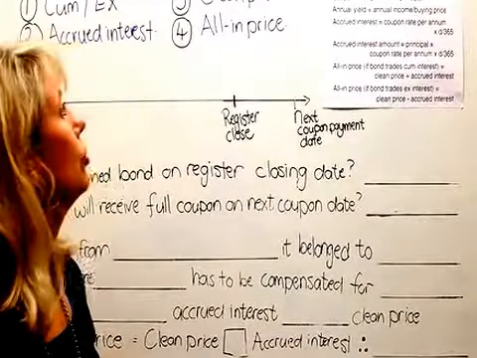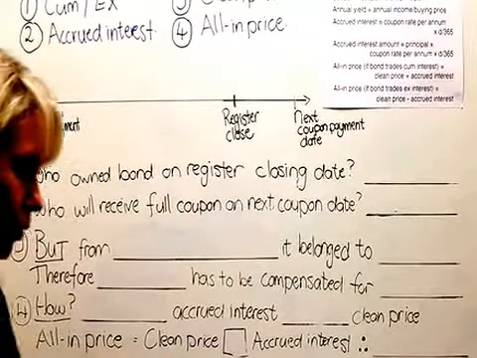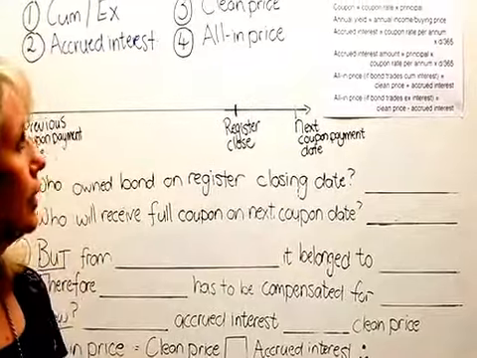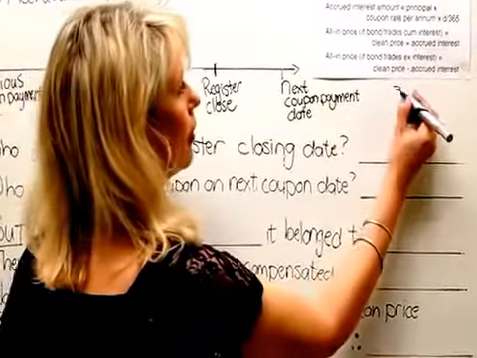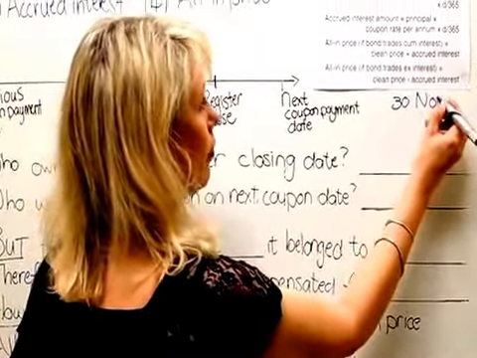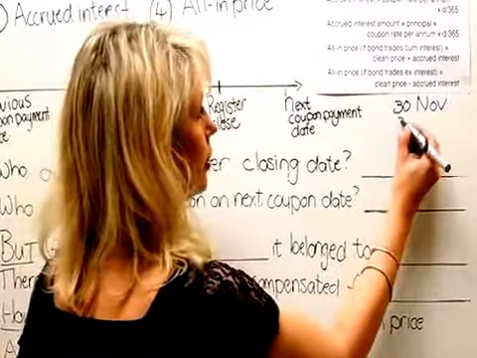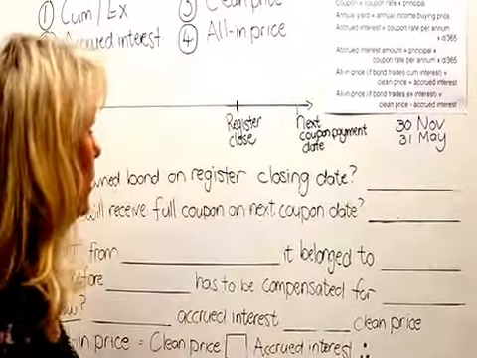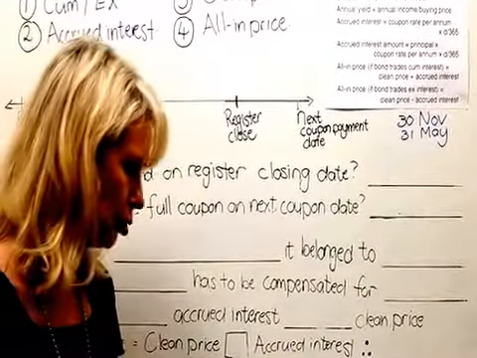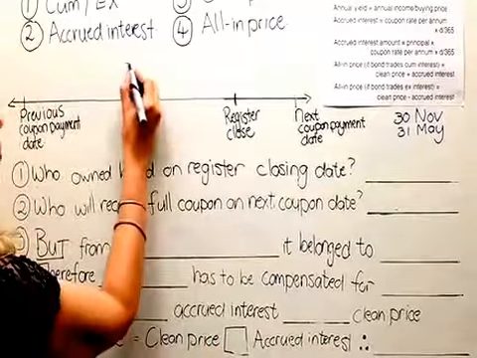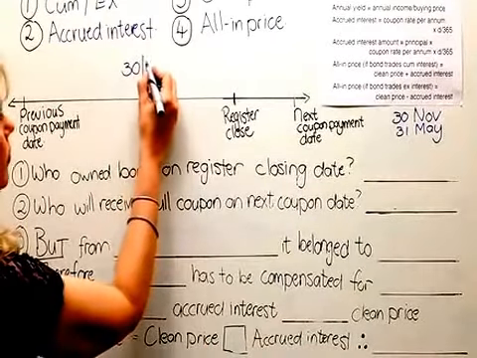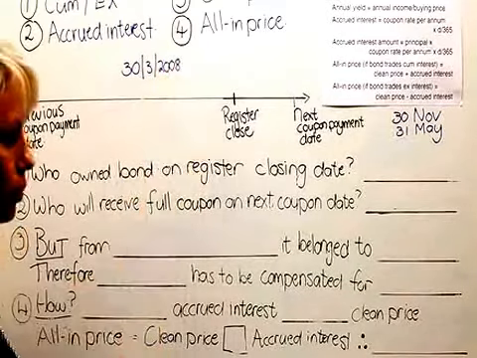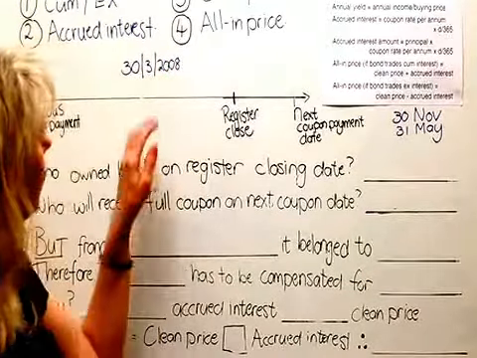Now, the register closing date for bond A is 30 November and 31st of May. Those are the register closing dates. So if this bond trades on 30 March 2008, what would be the previous coupon payment date?